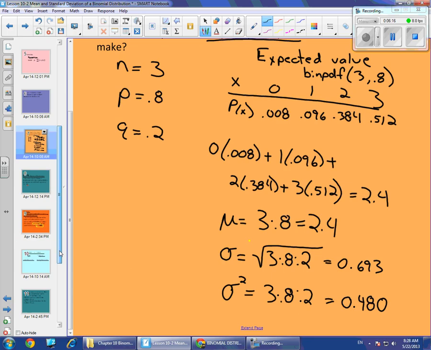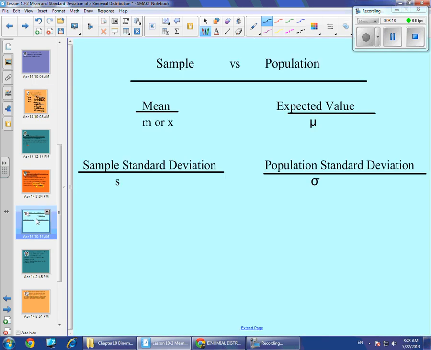Now, a couple of big things you should understand about this. What we're calculating today are theoretical values. The expected value, the mu, and the little sigma, the standard deviation we were calculating today, are theoretical values.